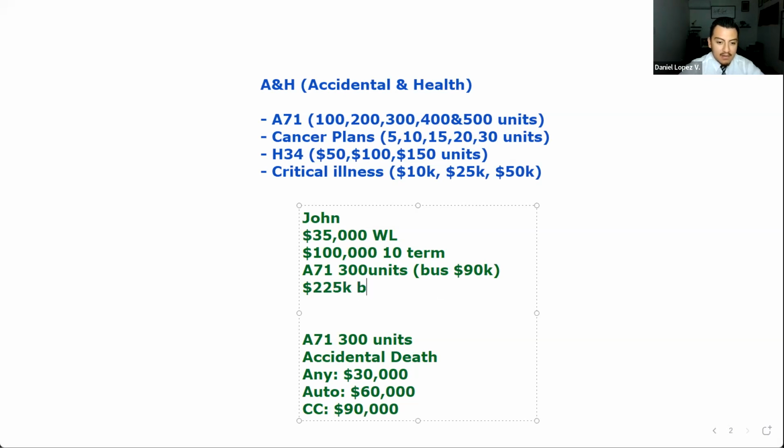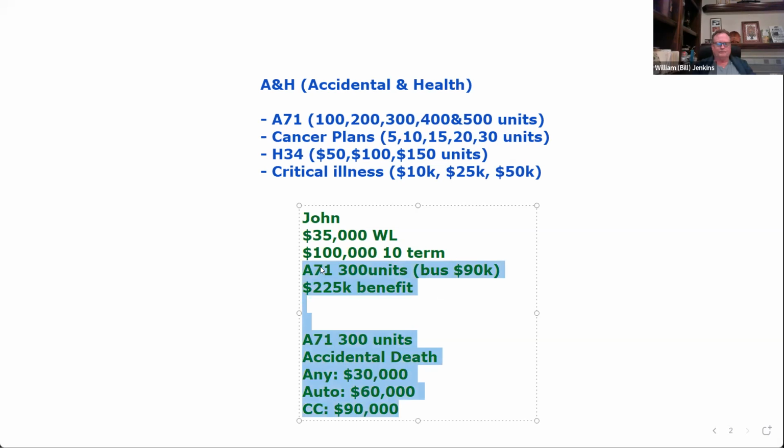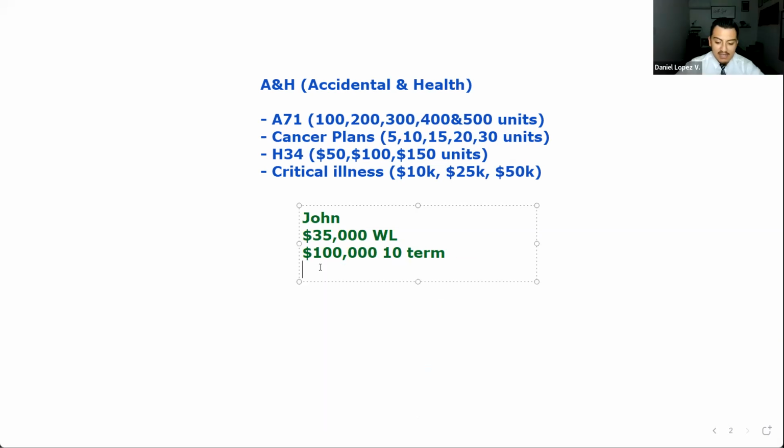The benefit. You get it? Yep. Okay, let's do one more example. Let's say A71, 500 units. Let's say he falls off a ladder.